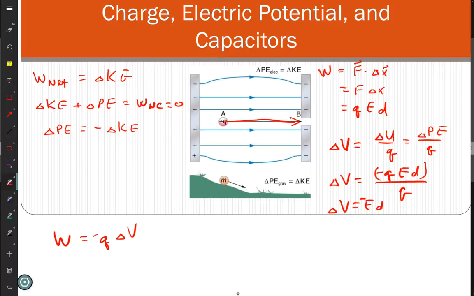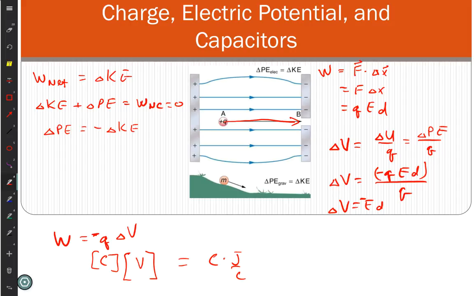And so in terms of units, what are the units of Q? Coulombs. And what are the units of voltage? They're volts, but a volt is a joule per coulomb. So you see it comes out to be joules. But we go one step further. Usually when we do something like this, we're doing it with charges that are like 1 electron, 2 electrons, 1 proton, 2 protons.